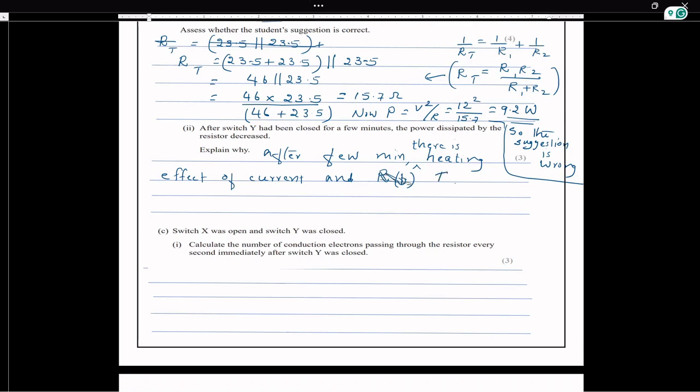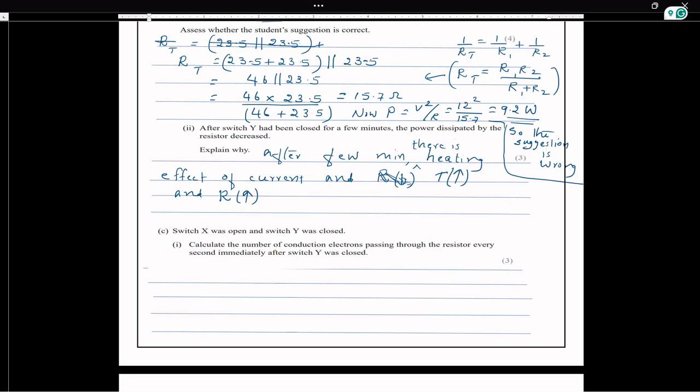The temperature is increasing, and the resistance is increasing because it is a metallic conductor, a metallic piece of wire.